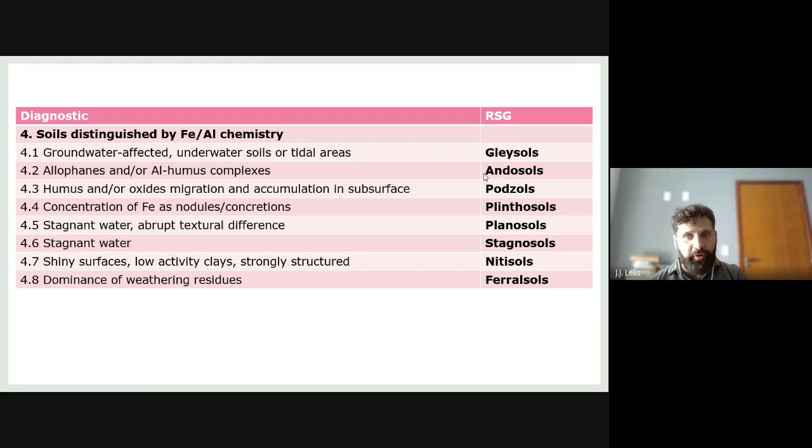So the podzols are soils that concentrate or accumulate organic matter and or oxides, aluminum and iron oxides in the subsurface. Okay.